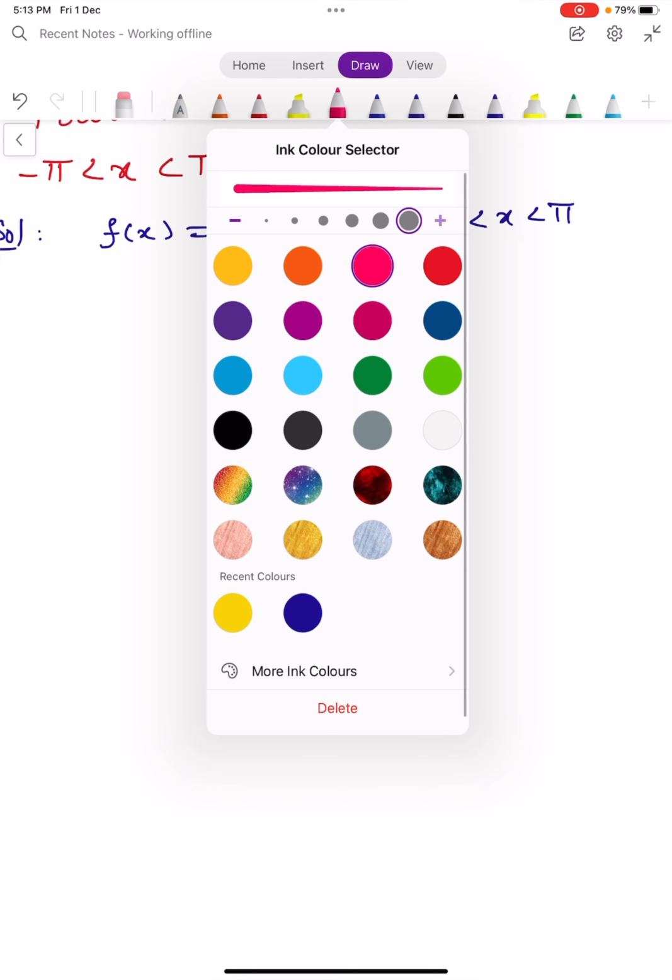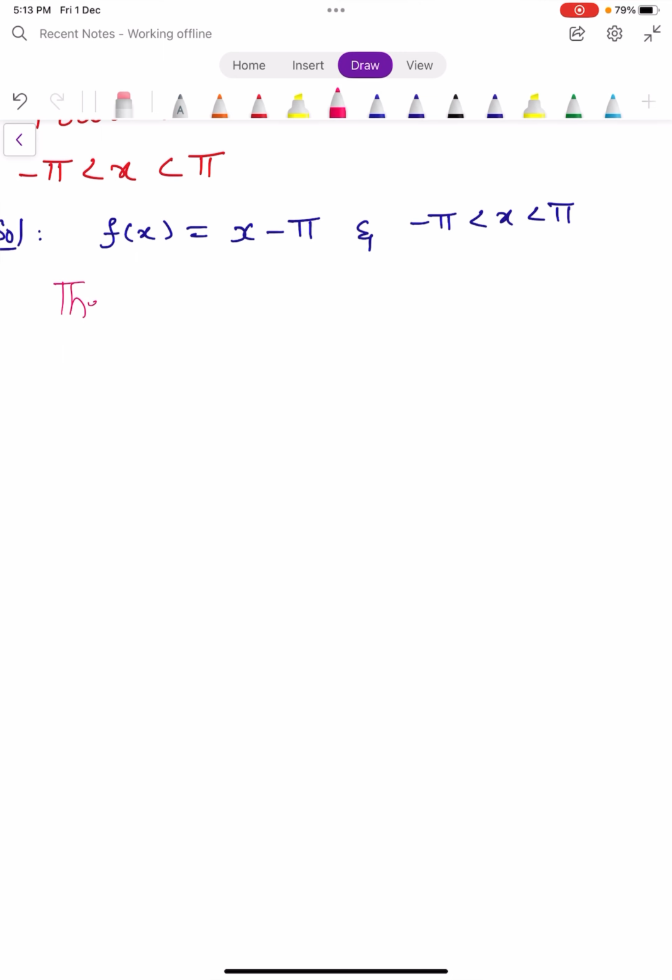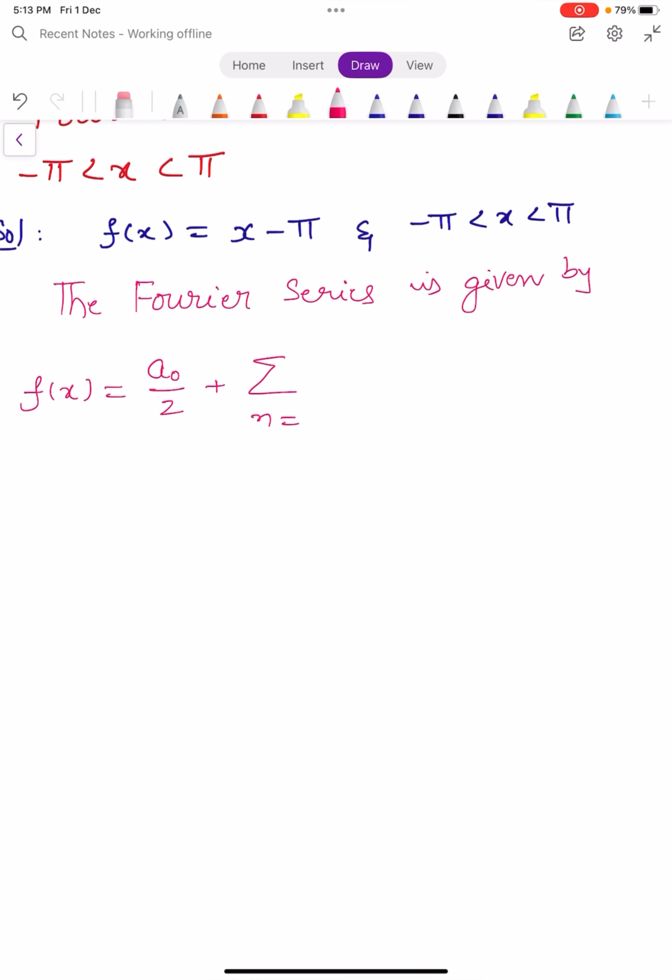The Fourier series is given by f of x is equal to a naught by 2 plus summation n is equal to 1 to infinity a n cos nx plus summation n is equal to 1 to infinity b n sin nx.